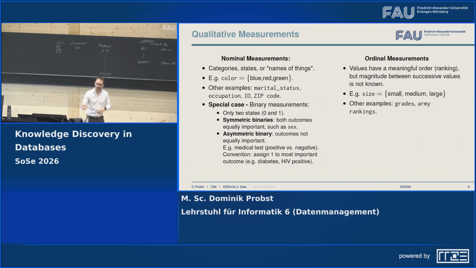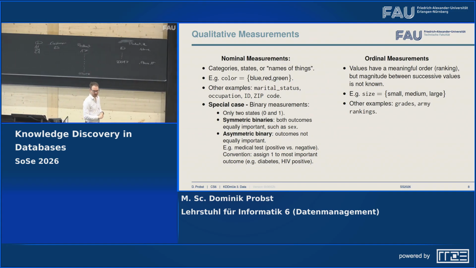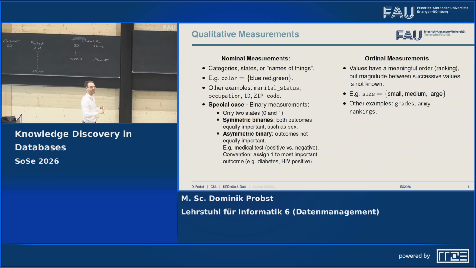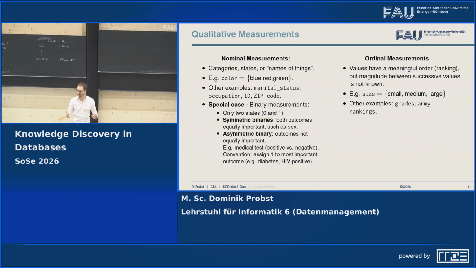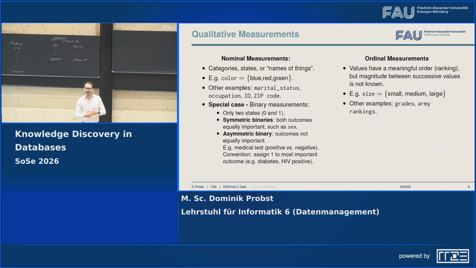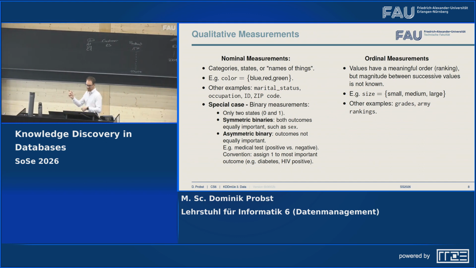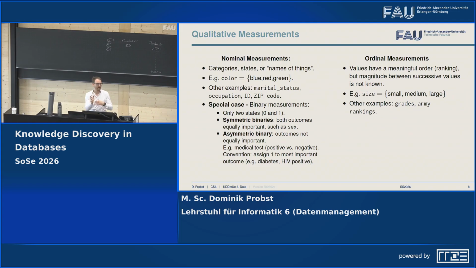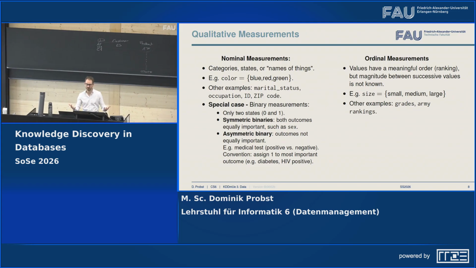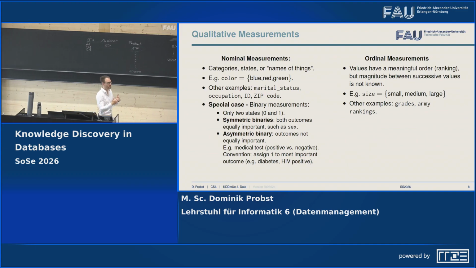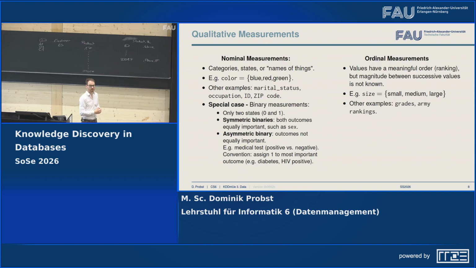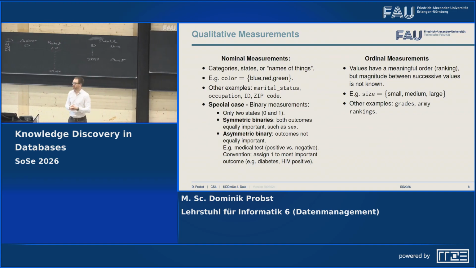On the other side, before we get to the special case of nominal measurements, we have ordinal measurements. Even though we can't measure things, it might happen that they have a meaningful order to them. For example, a size we can't specify by measuring, but we can estimate. It's still a qualitative measurement because it's not objective, but it has a meaningful order.